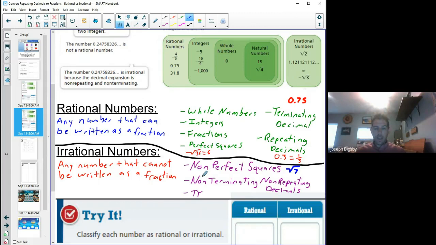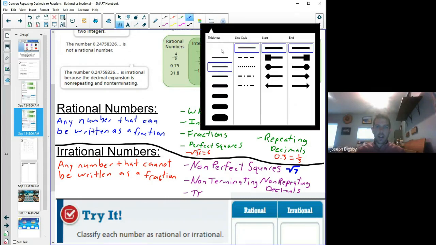Any number, in fact, that goes on forever and doesn't repeat is irrational. Any decimal that is non-terminating, non-repeating will be irrational because you have no idea what the next number in the decimal sequence is. That makes it irrational. The most famous of these irrational numbers is pi.